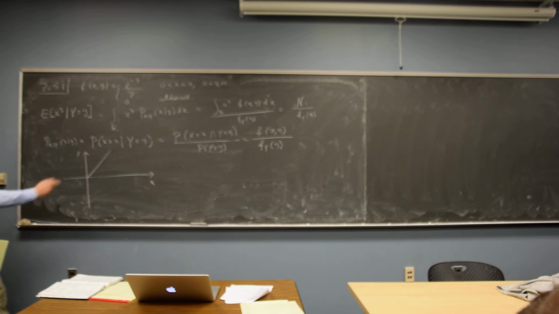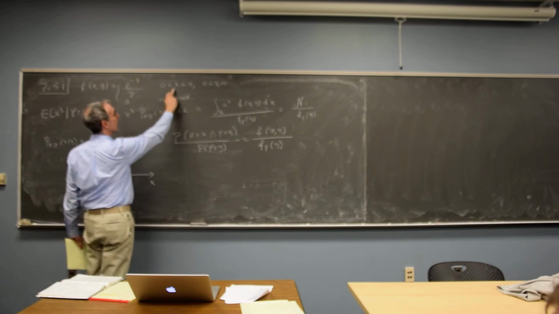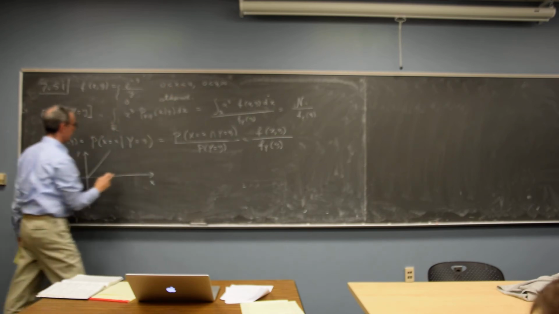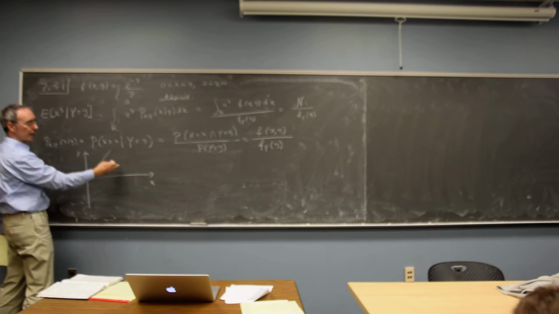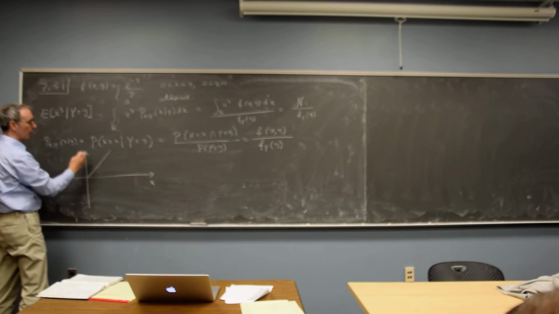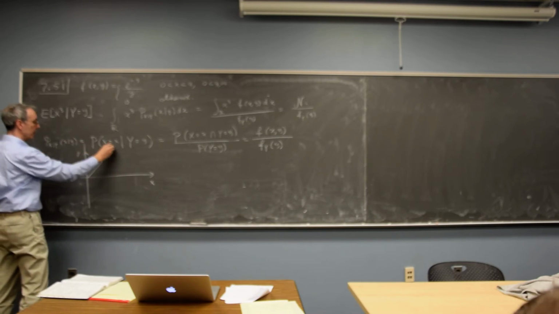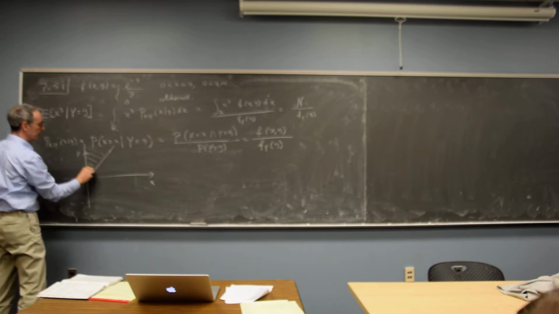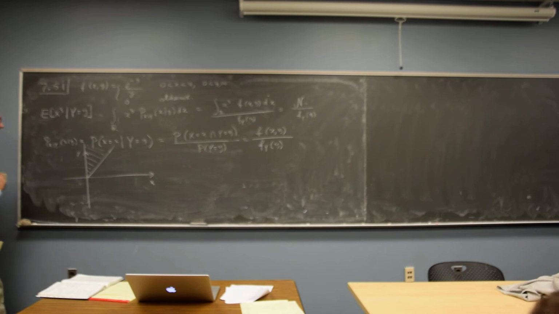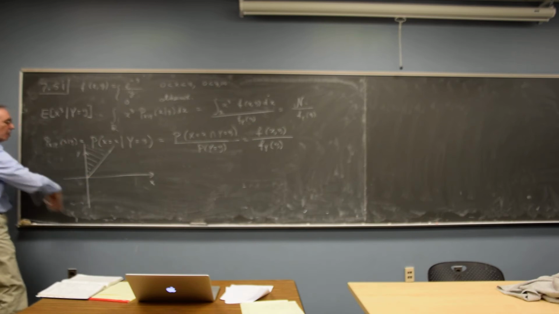What is the region where x is between 0 and y? This is the region where x is smaller than y. This is the region where y is smaller than x. So this is the region we are interested in. Everything else, the function is 0. So we want to integrate here.